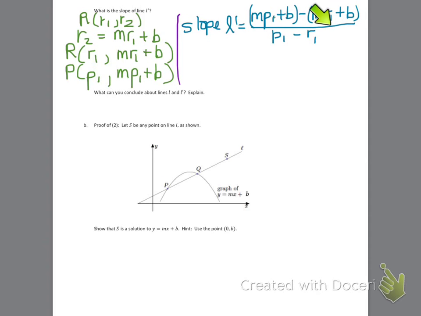All right, so go ahead and pause. See if you can go through the reorganization of this to show that the slope of line L prime has to be this number m. Okay, so I'm going to pause and I'll write it, and you pause and write it, and then we'll double check here.